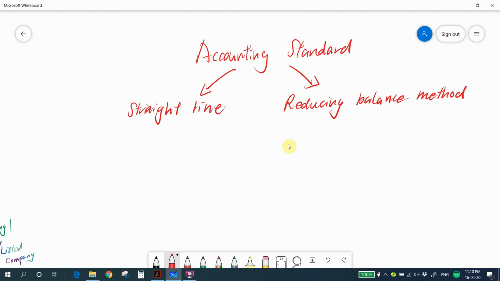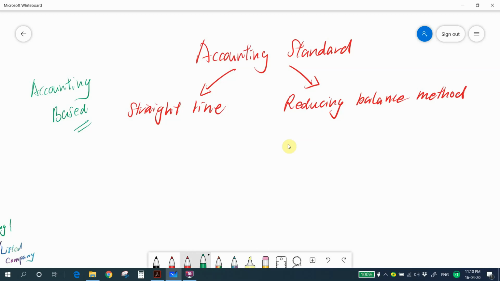So back to here, accounting standard, you are able to choose between each accounting standard. You can choose either straight line method, you can use reducing balance method. So here we call this as accounting base. It means that the option for you to choose.